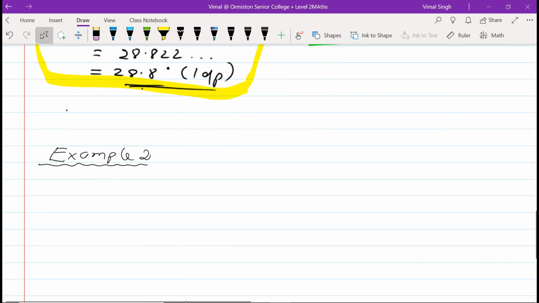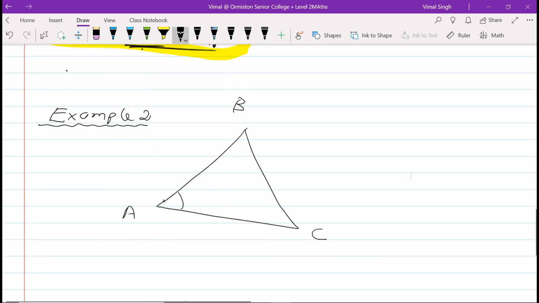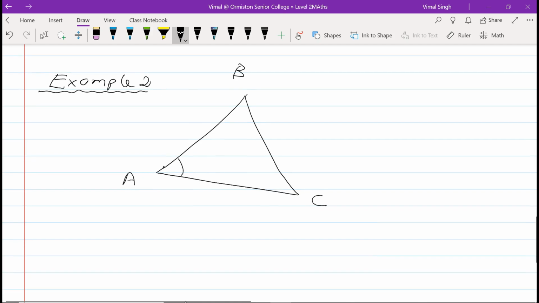Now, in example 2, I want to calculate the length of a side. Here I have A, B, and C. Angle A over here is 30 degrees, and let's say this side is x, and this angle over here is 25 degrees, and let's say this side is 12 centimeters.